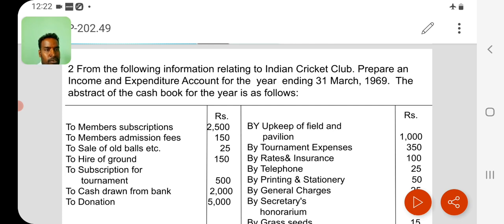The abstract of the cash book for the year is as follows.